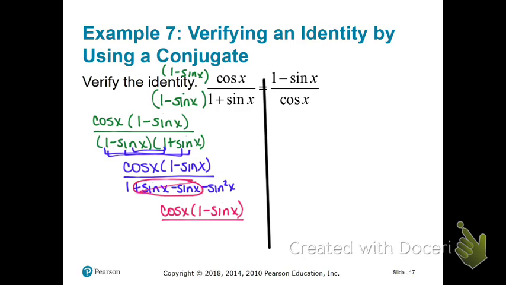So my signs will cancel, which gives us our 1 minus sine squared, which is what we wanted. Because since we know that sine squared plus cosine squared equals 1, we want 1 and sine squared to be on the same side, and we want 1 to be positive.